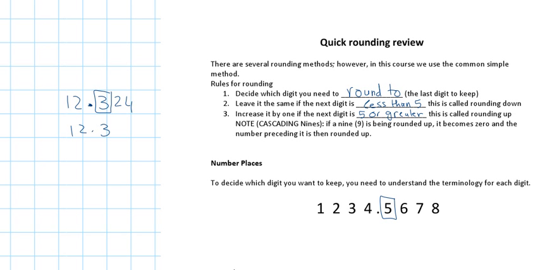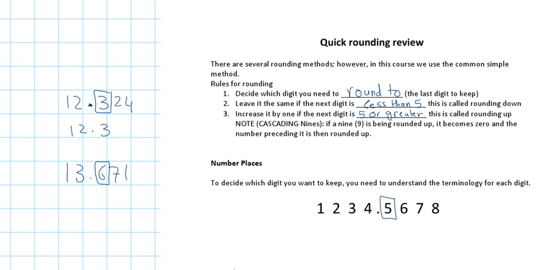Okay? Now, let's say I have 13.671. And again, I'm asking you to round to the nearest 1 decimal. Where's my 1 decimal? 6. So that's the number that's right after the decimal, right? What comes after the 6? 7.